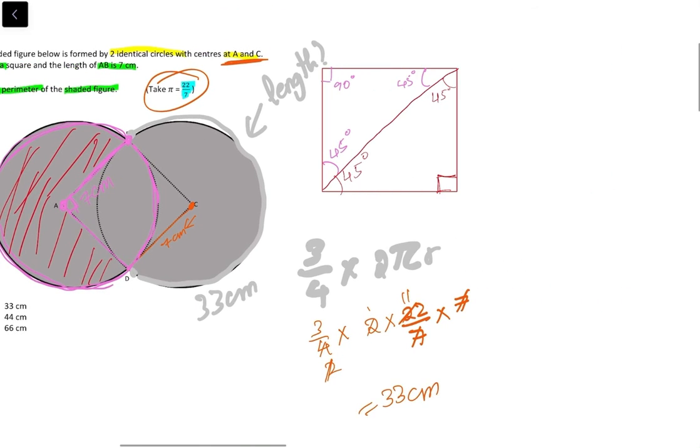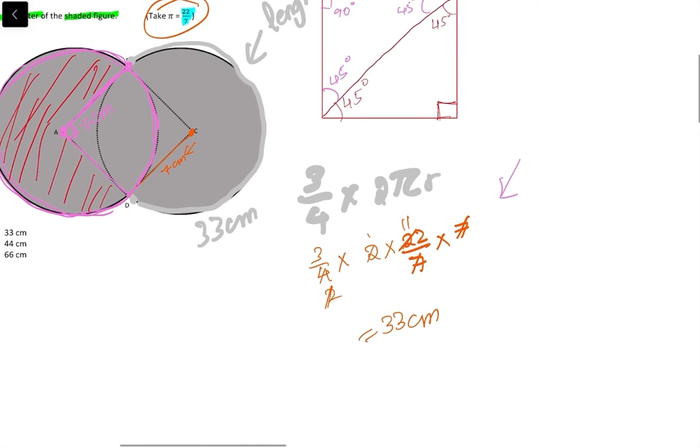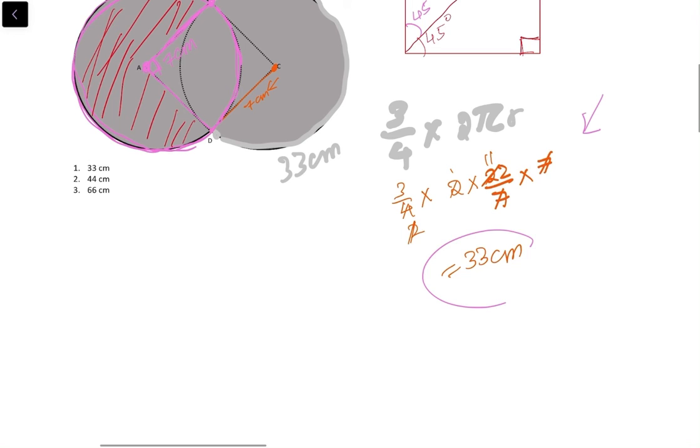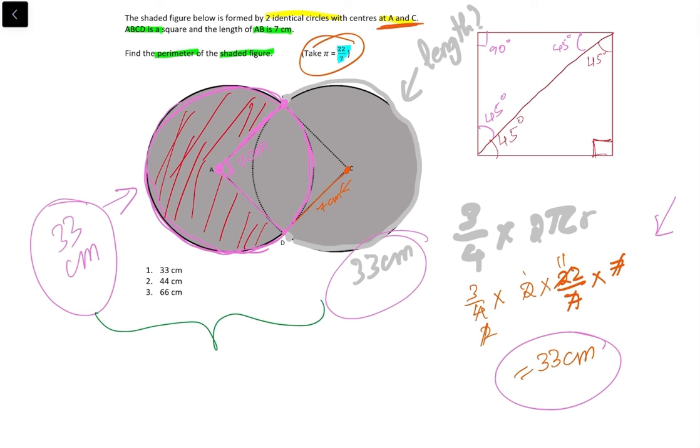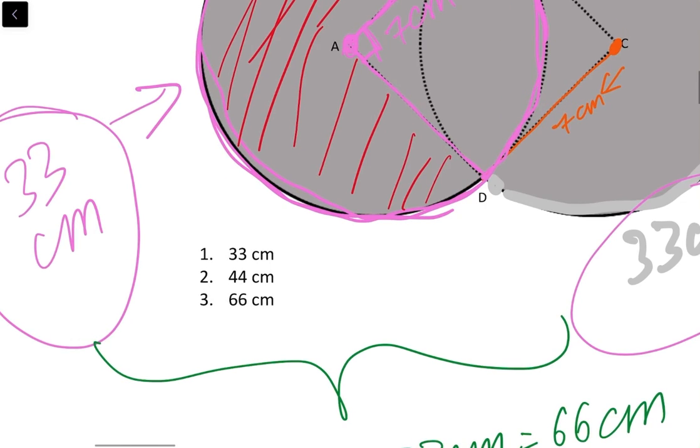Now we follow the same steps and we would eventually get 33 centimeters as well. So we just have to add this 33 centimeters with this 33 centimeters, and this would give us 66 centimeters. So the answer is 3.